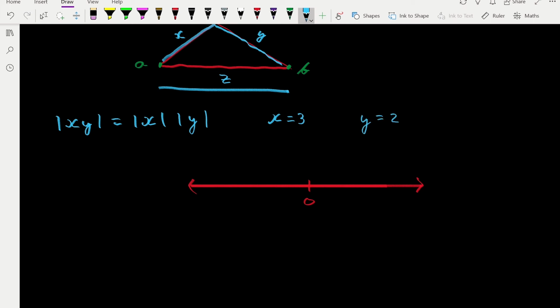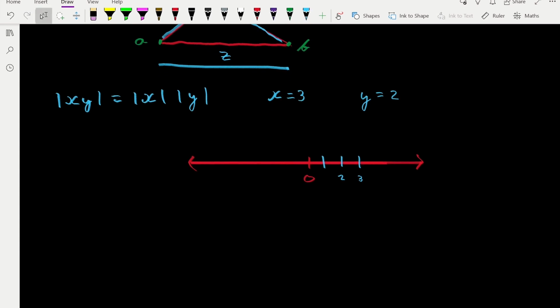So let's say this would be y, and this here would be x, because x is equal to 3. Well, what would their product be? 2 times 3, if I can count how many bars I drew, would be 6.